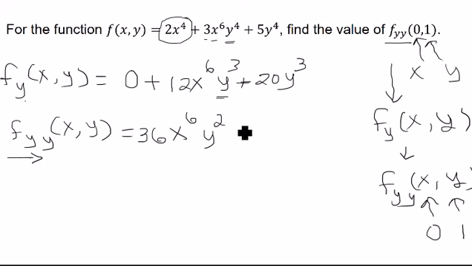Now don't differentiate x at this time. Do not put this as 6x to the 5, because we're doing it with respect to y. This is the one that is acting at this time. So earlier this one was acting on this derivative, and now this is the one that is acting. Okay, let me remove this from here if I can at all.